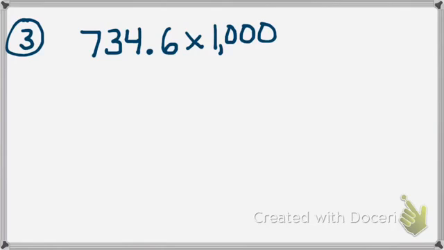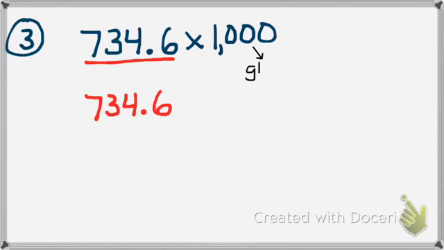Okay, let's take a look at example number 3. It's a little bit different. I have 734 and 6/10 times 1,000. Notice that my starting number, 734 and 6/10, already has a decimal in it. I will rewrite that starting number, 734.6. What am I multiplying it by? A power of 10, a 1 with zeros.